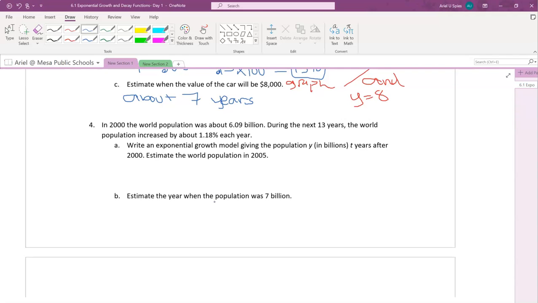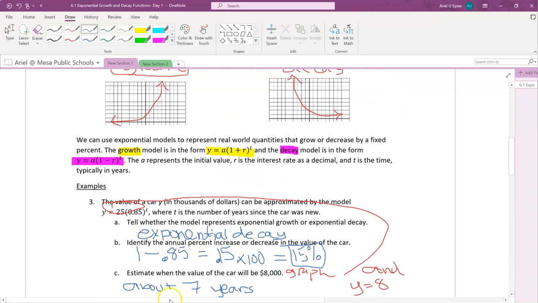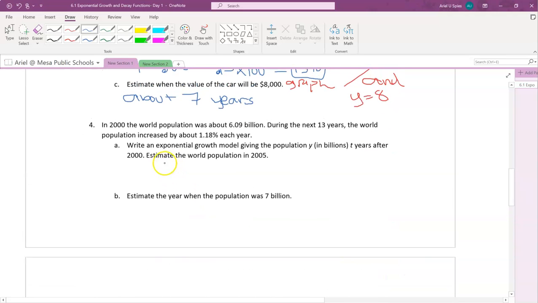So the first thing I want to do here is use the growth model because it tells me it's going up. So the one I highlighted in yellow. My initial value is 6.09. And then I want to turn this into a decimal. To turn it into a decimal, I divide by 100, which gives me 0.0118.